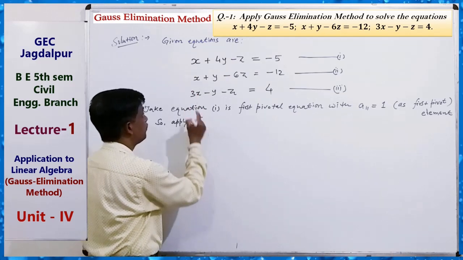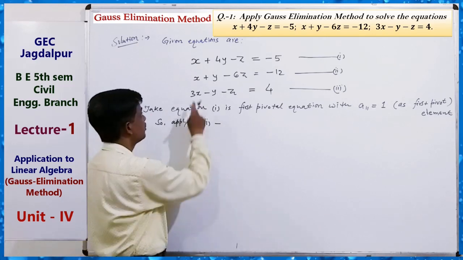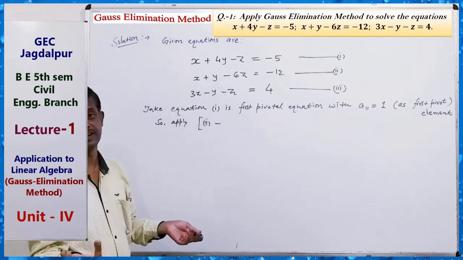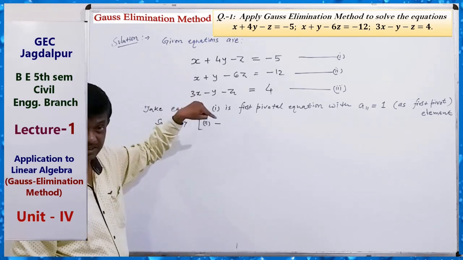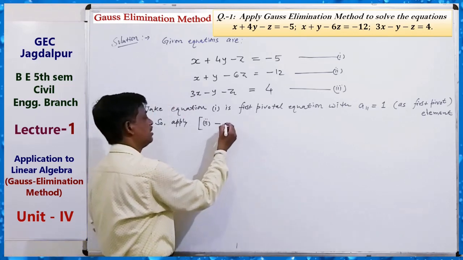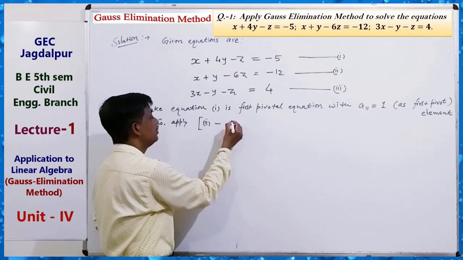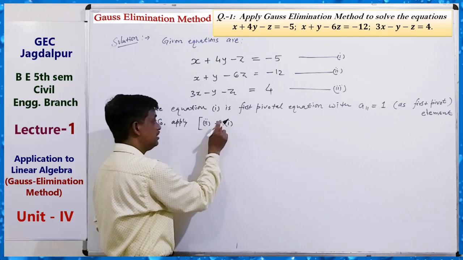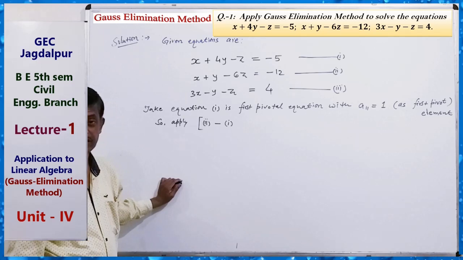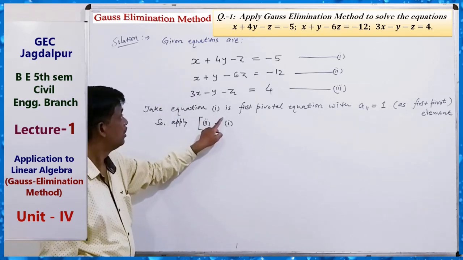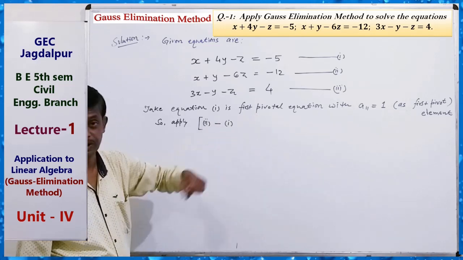Second equation minus first equation we can write, because here is also 1, here is also 1. So a21 by a11, 1 by 1. A11 is 1, so both are 1.